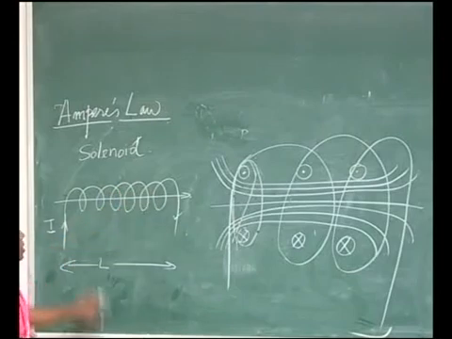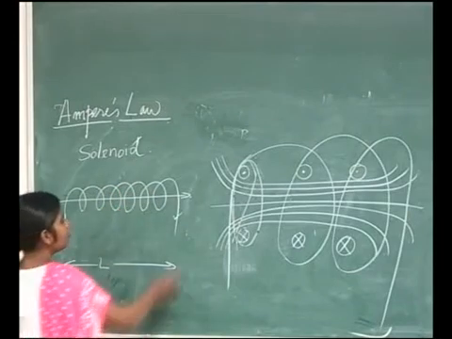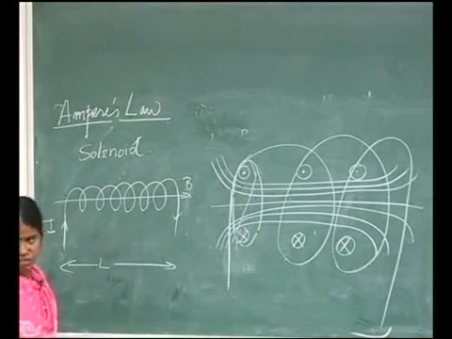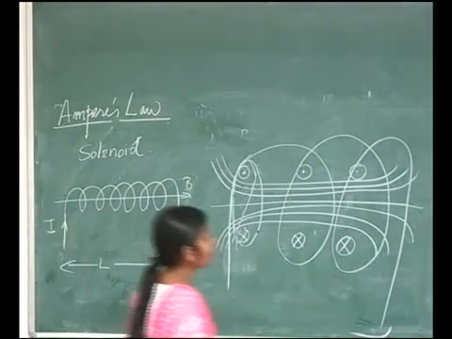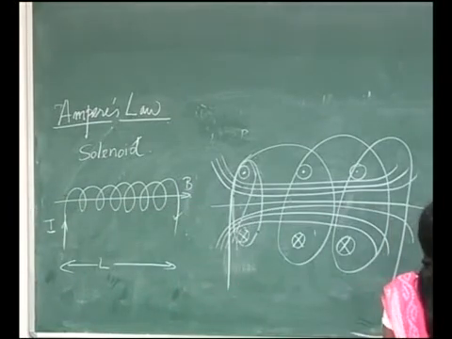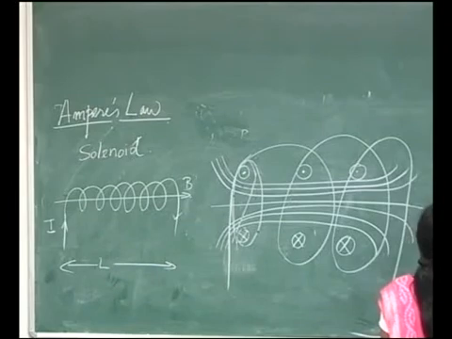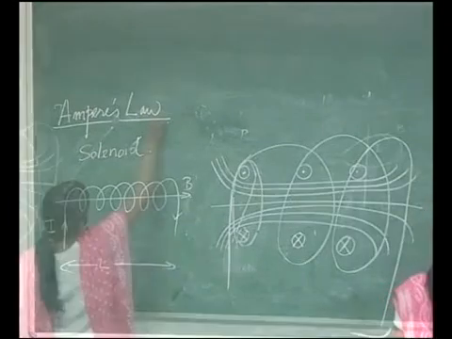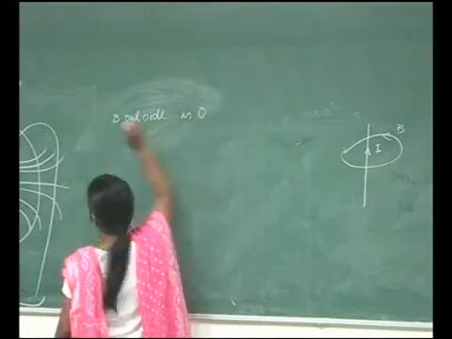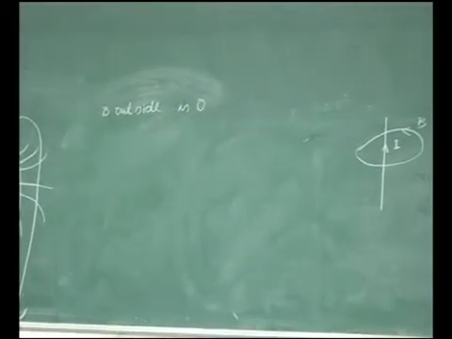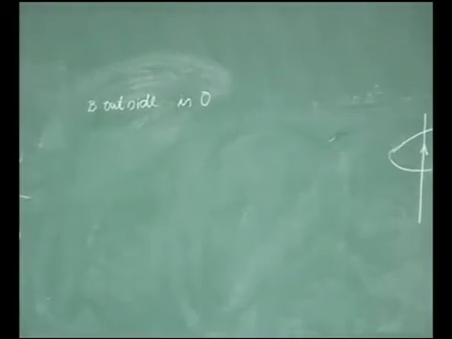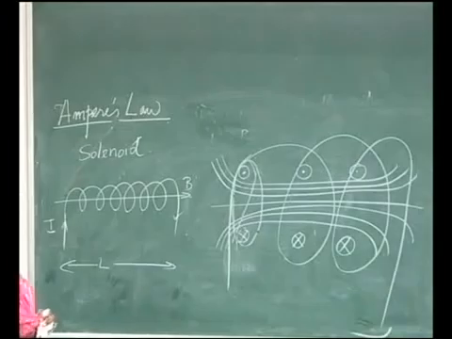So we are going to calculate the magnetic field inside with some assumptions. My assumption 1 is that B outside is 0. And I am going to use Ampere's law for calculating the magnetic field.